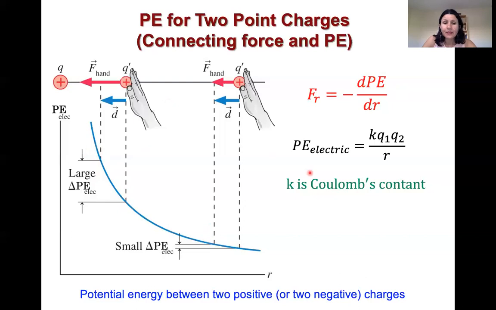It turns out that the exact relationship between this potential energy and the two charges involved is this. It goes as 1 over r. And having this potential energy expression, eventually we can solve for the actual force. K here is Coulomb's constant, and you'll explore this more in DL. Q1 and Q2 are the two charges involved.